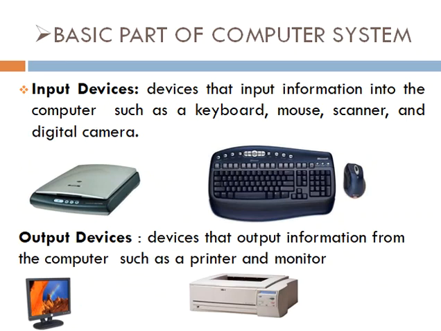Now the basic parts of the computer system are divided into input devices and output devices. An input device is a device that inputs information into the computer, such as a keyboard, mouse, scanner, and digital camera. An output device is a device that outputs information from the computer, such as a printer and a monitor. These are hardware as well.